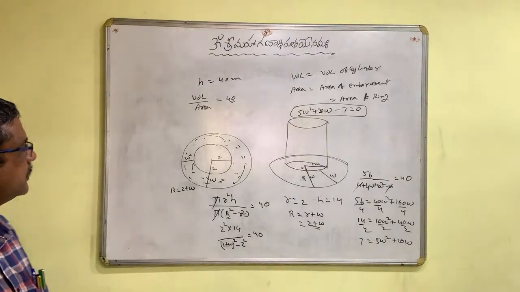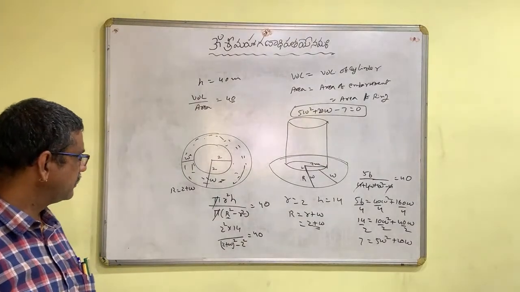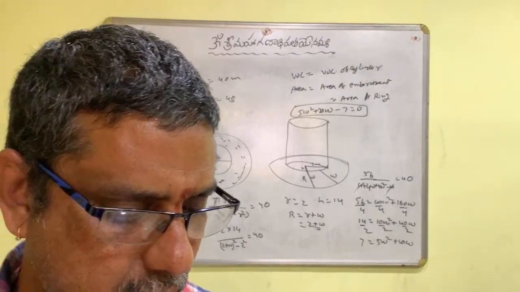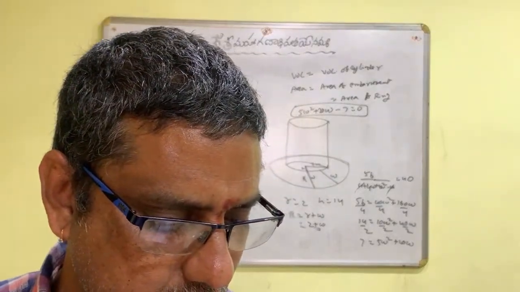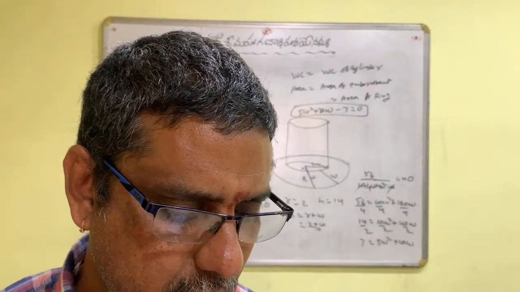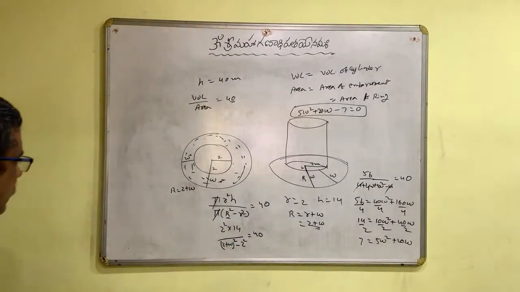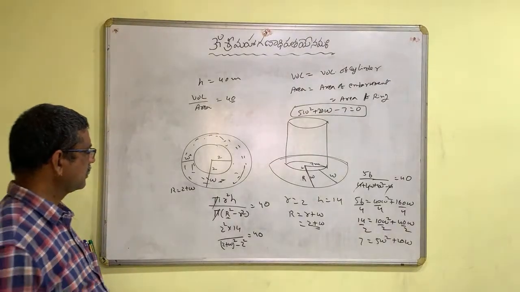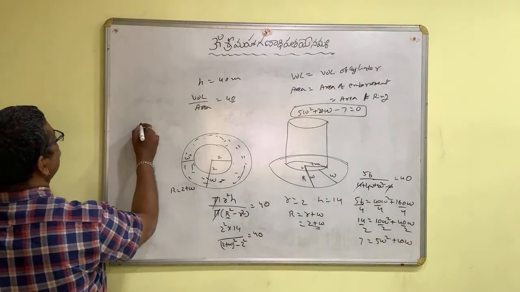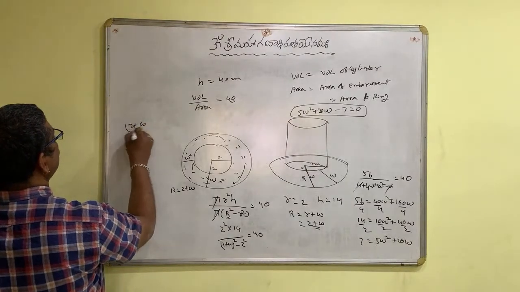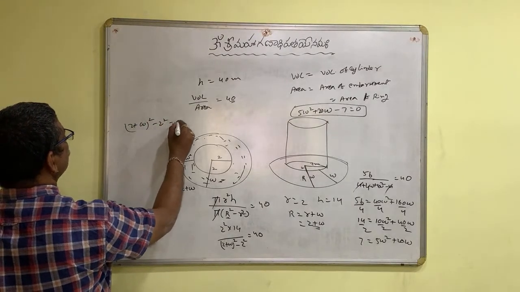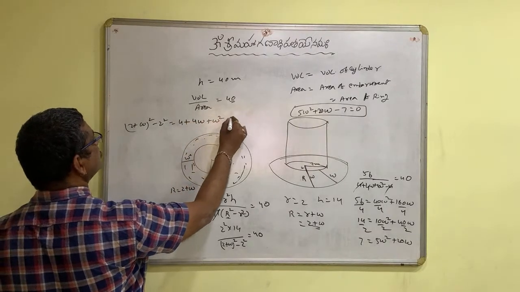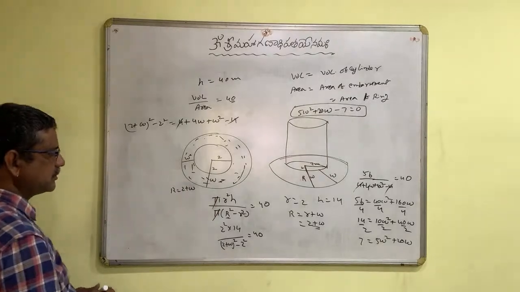So how much the width you got? Diameter 4. 14 meters thick, right on? 5 will get cancelled. 2 plus W whole square minus 2 square. 4 plus 4W plus W square minus 4. These get cancelled.